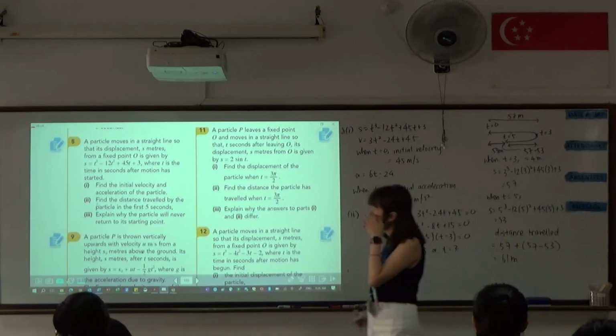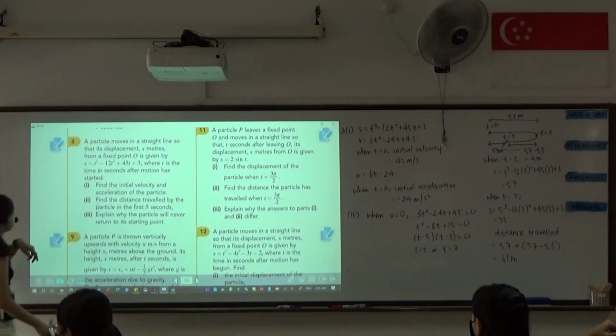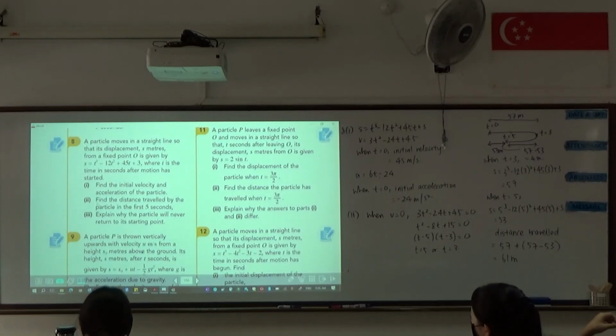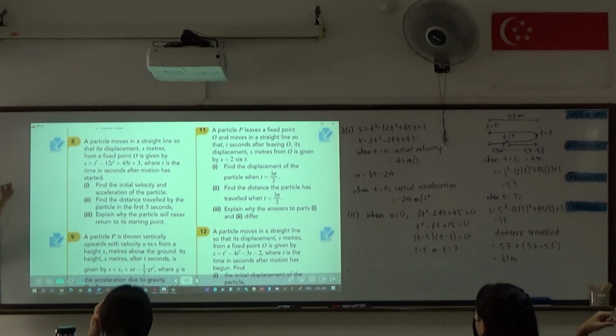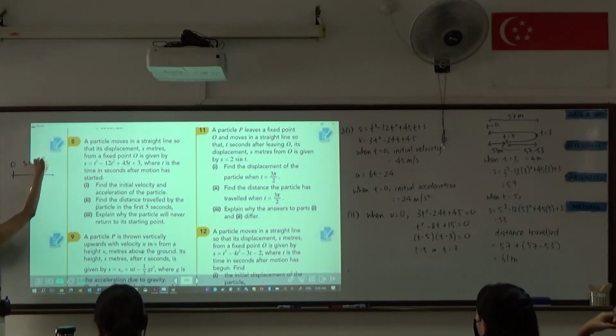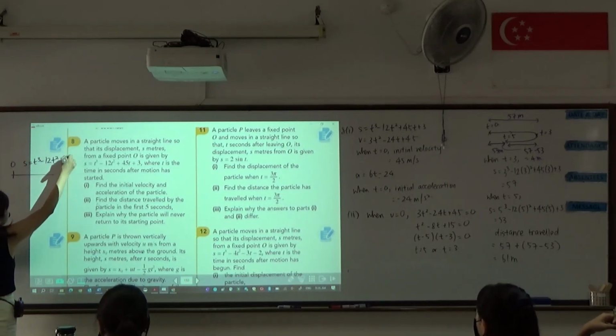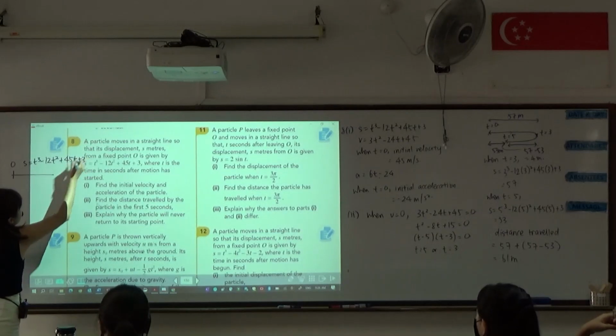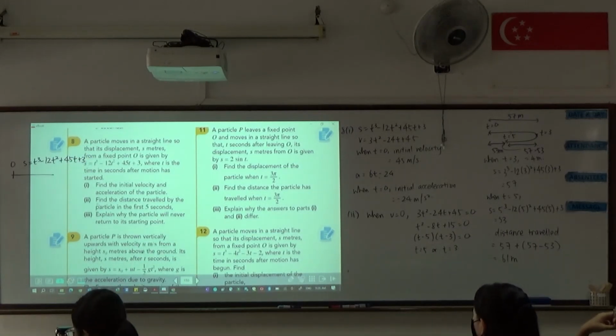Okay, what Regine has pointed out is that it says a particle moves in a straight line, so there is displacement from a fixed point O. The displacement is being measured from a certain fixed point, that is O, and this displacement is given by s equals t cubed minus 12t squared plus 45t plus 3, where t is the time in seconds after motion has started.